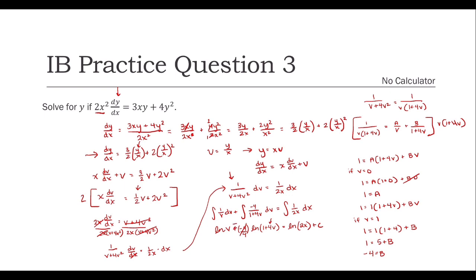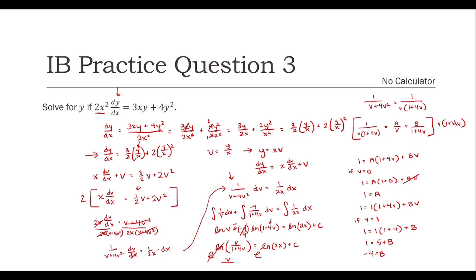So since we have the natural log of something minus the natural log of another thing, we can combine them to be the natural log of v over (1 plus 4v), and that equals the natural log of 2x plus C. We'll do e to the power of both sides. So this e and natural log will cancel.